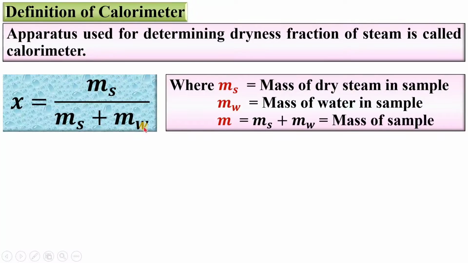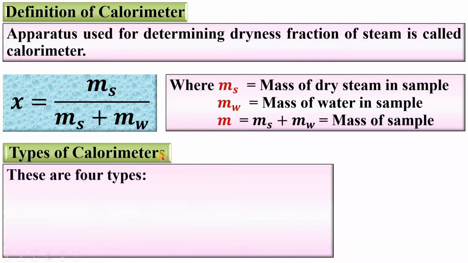X is equal to ms upon ms plus mw, where ms is the mass of dry steam in the sample, mw is the mass of water in sample, and total mass m, that means ms plus mw, is equal to mass of sample.